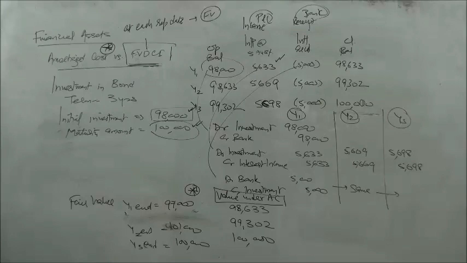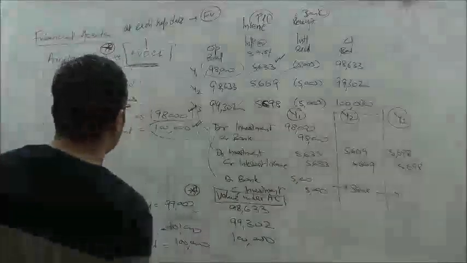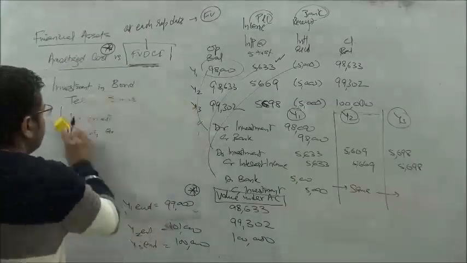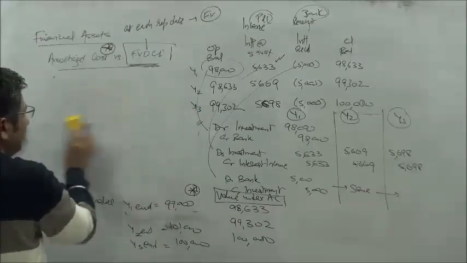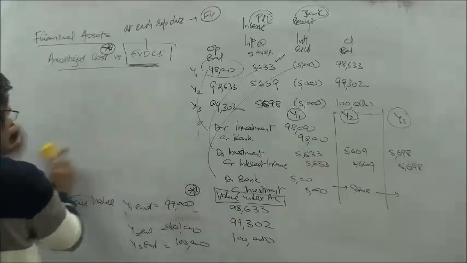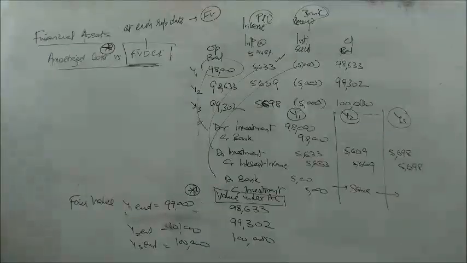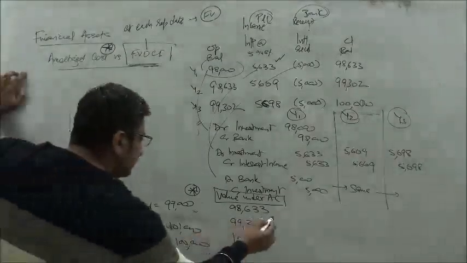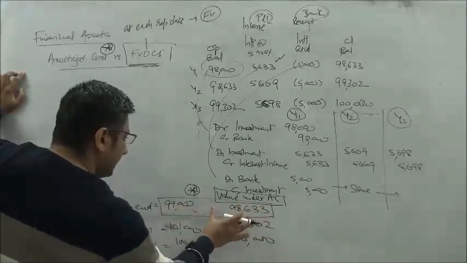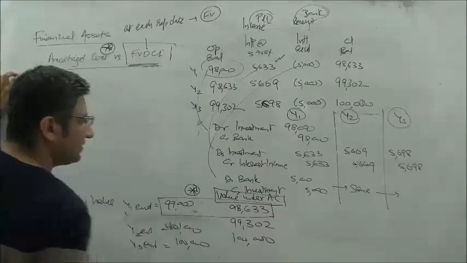So essentially my accounting goes the similar way, but now I'm saying that due to a change in my fair value, there is a reduction in my investment value at 1633.